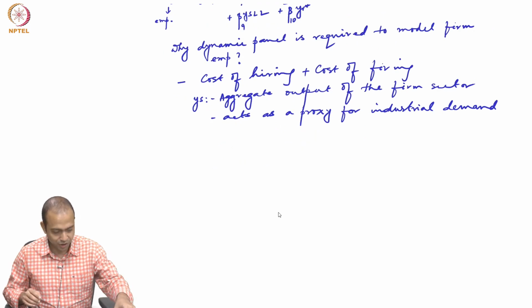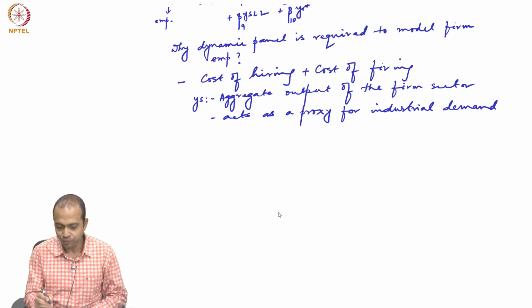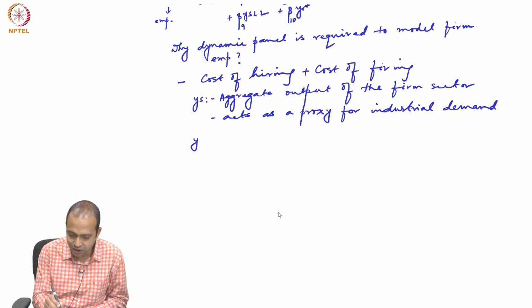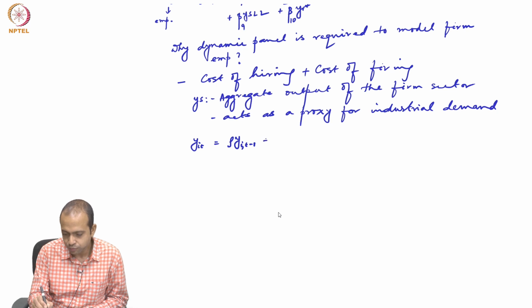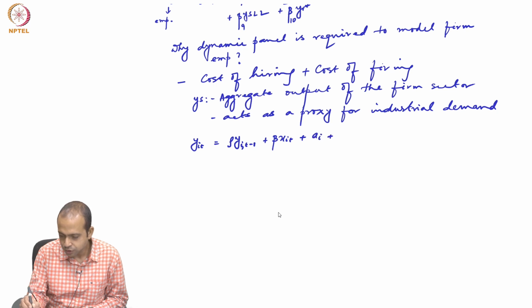If you do not recall, we said y_it equals rho y_i,t-1 plus beta x_it plus a_i plus v_it.